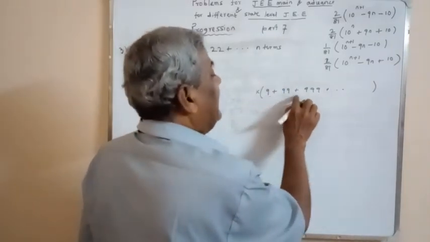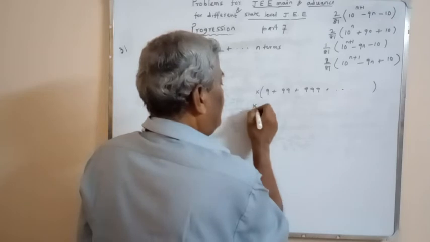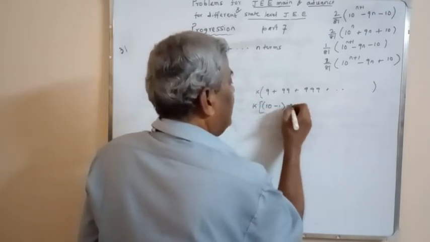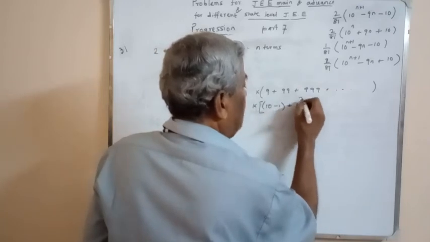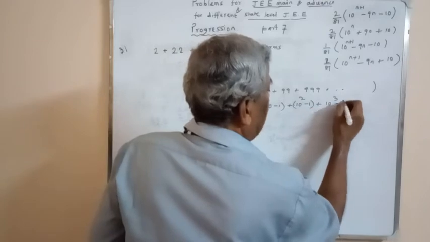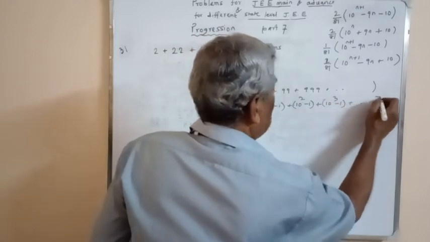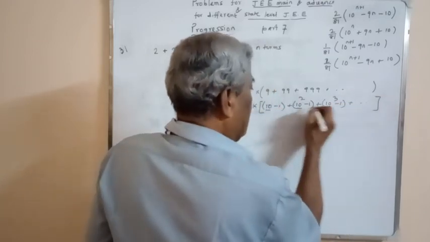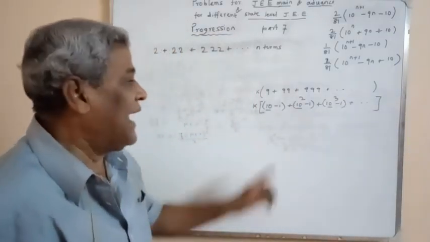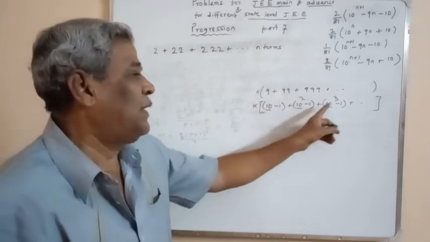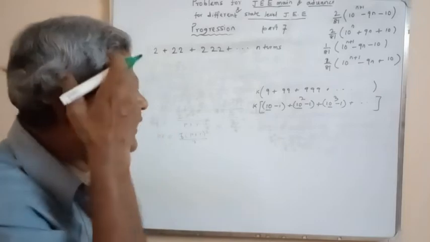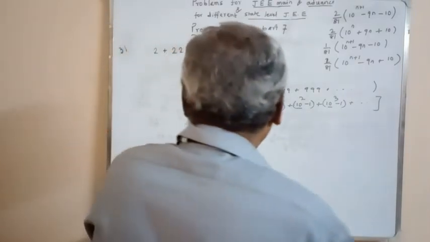Now this can be arranged as 10 minus 1, then 10 square minus 1, then 10 cube minus 1, so that they together will be in GP, and minus 1 minus 1 minus 1, this way n terms, minus n, is easily calculable.